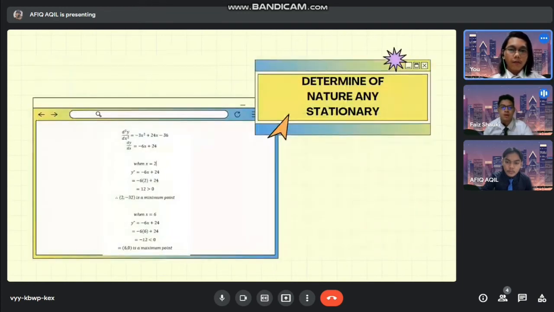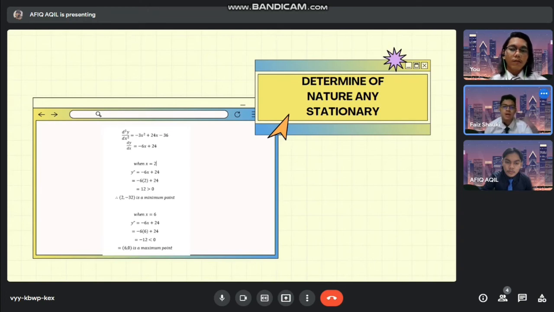For question E, the question asks to determine the nature of the stationary points based on part C. First of all, I have to do the second derivative, which is d power of 2 y over dx power of 2. Then I get d power of 2 y over dx power of 2 equals negative 6x plus 24.